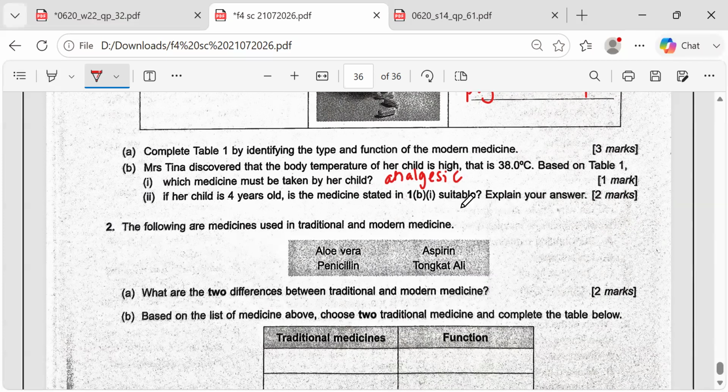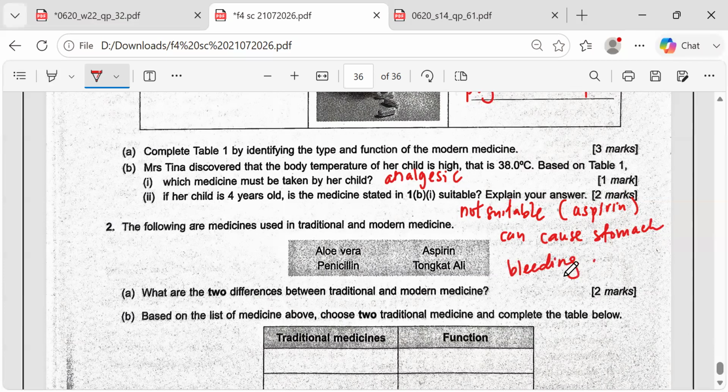No, not suitable. Aspirin can cause stomach bleeding. You can only use very mild ones for children.